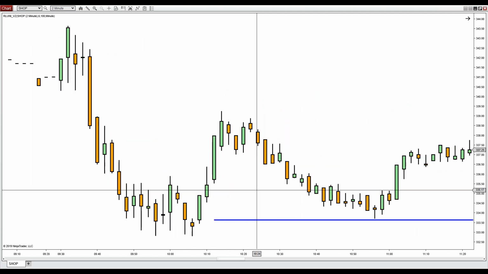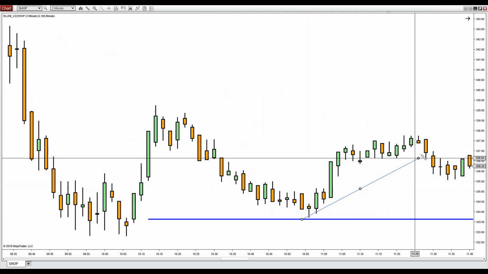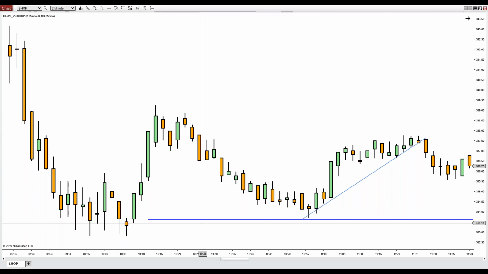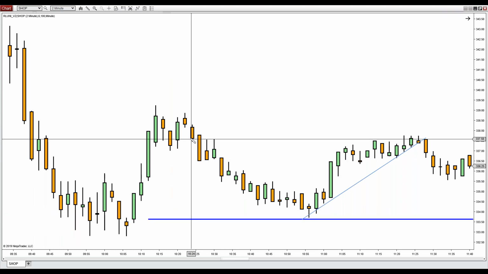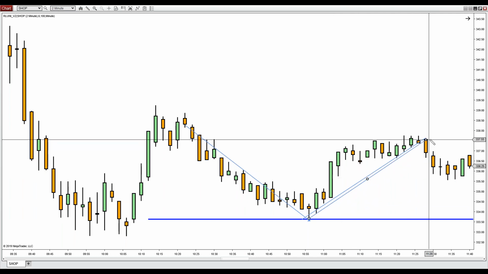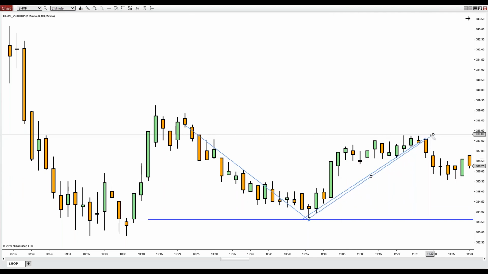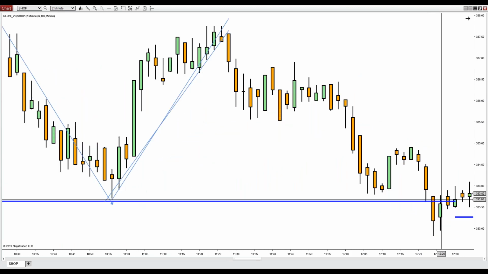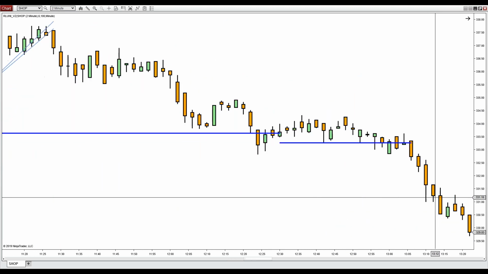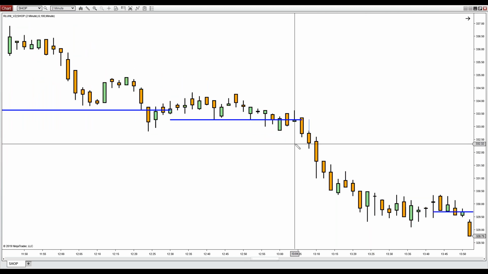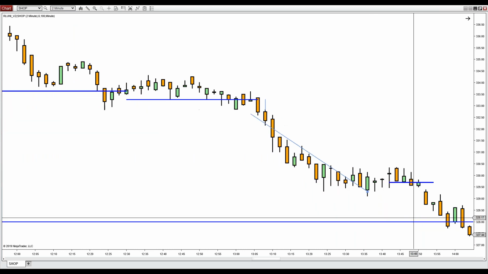Now we've got support on Shopify, and you can see it's reacting. This support zone was there when price came down and halted right there and turned. Now it comes right back to support, and it's sitting on support. It breaks it, and there's your short trade.